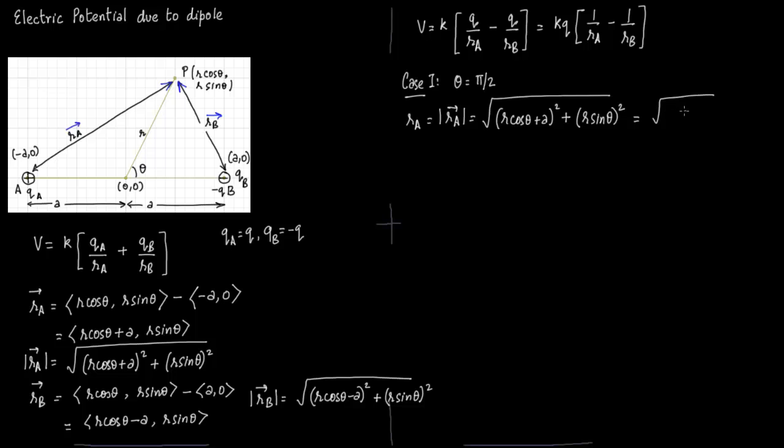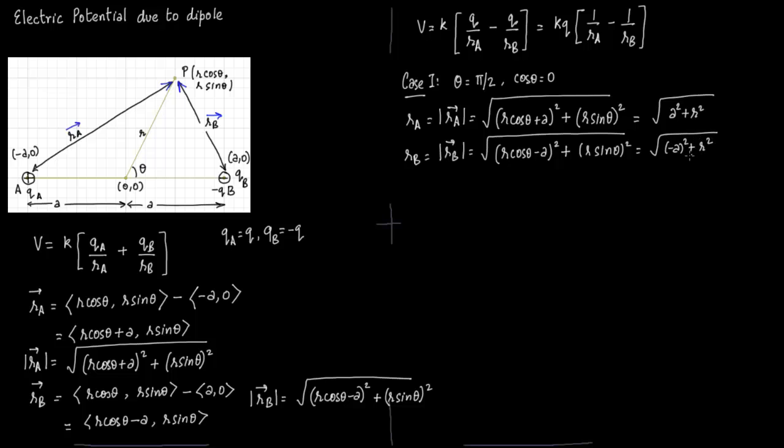So you get the length of the RA vector as the square root of A squared plus R squared. And for the length of the RB vector, again copy down the formula, (R cos theta minus A) squared plus (R sine theta) squared. Again cos theta is 0 and sine theta is 1. This will again give you minus A squared plus R squared, so this is the square root of A squared plus R squared.